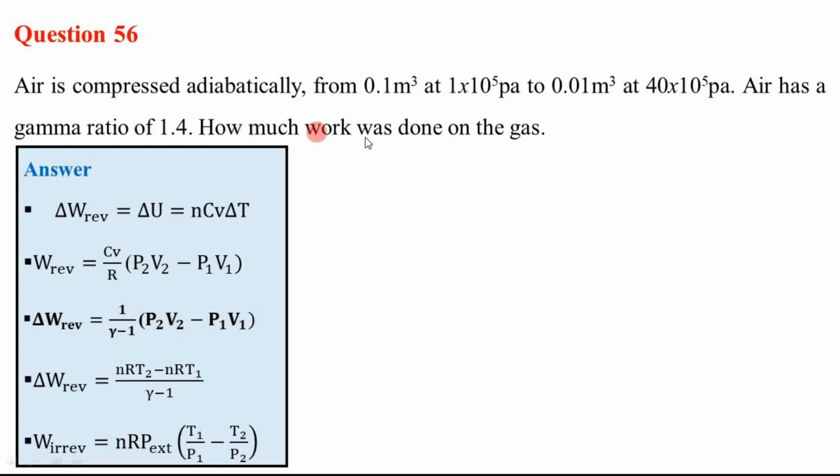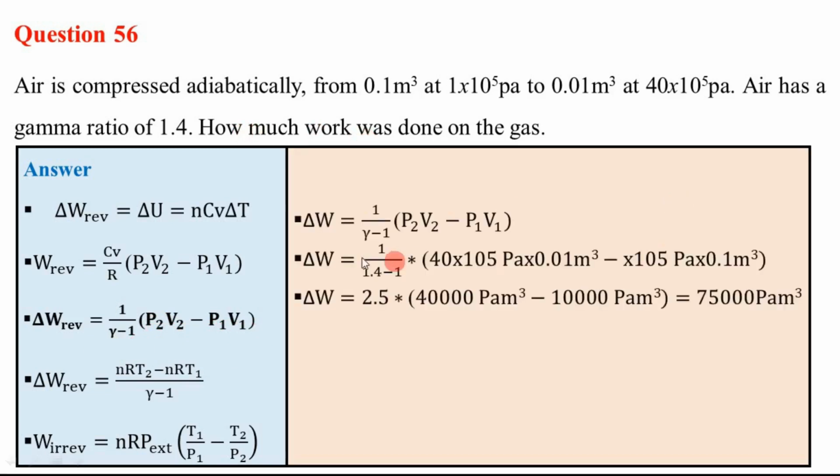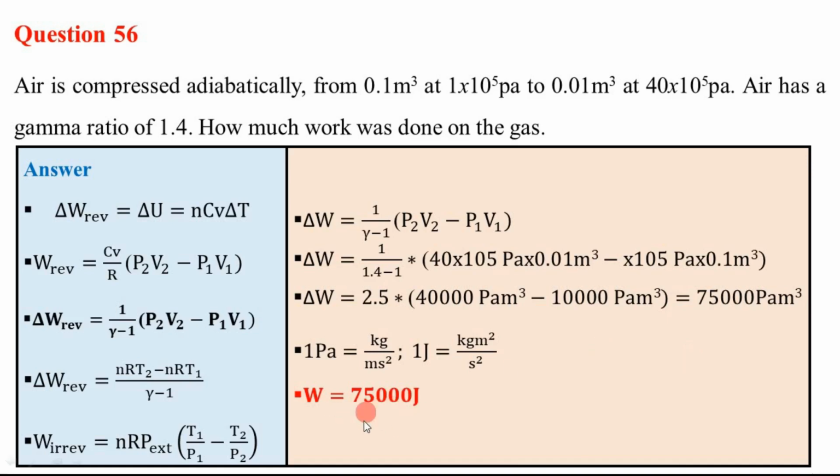How much work was done on the gas? In this case, you use the formula with the gamma ratio, which is 1.4. We replace the values, and at the end we get the value. Can you see here? We get this value for question 56. Let's go to question 57.